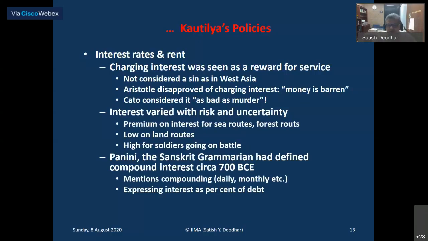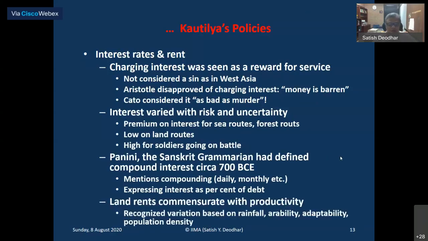That is the kind of sign language they were using. Forget about talking about the decimal system and expressing interest in percent terms. So again, the point is that our understanding of economic terms was much more mature thousands of years ago.